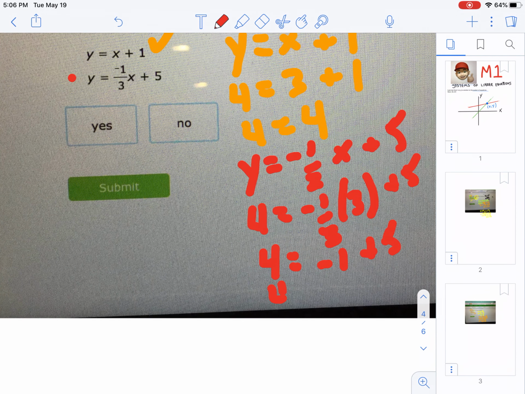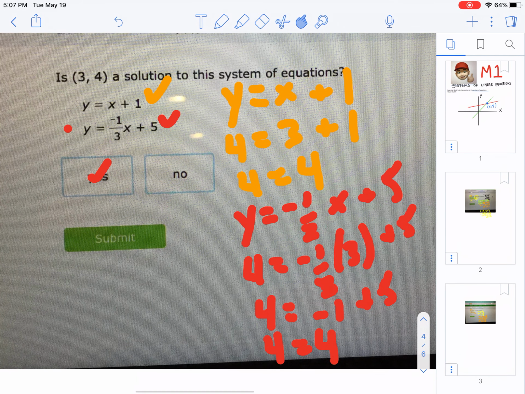And that gives us 4 equals 4. So yes, the point falls on both lines. So yes, the point (3, 4) is a solution to the system of equations.